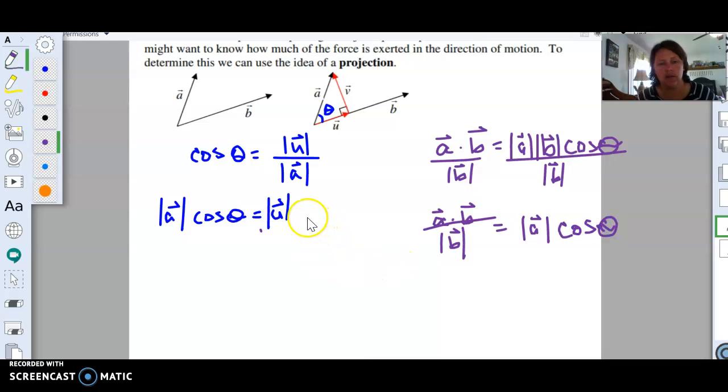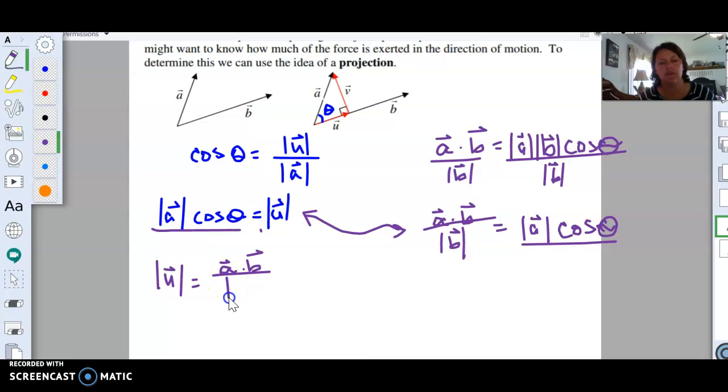So now, if we compare these two, we are saying that they are equal, because what is here and what is here is exactly the same. Therefore, the magnitude of our projected vector is equal to the dot product of vector A and vector B over the magnitude of vector B.